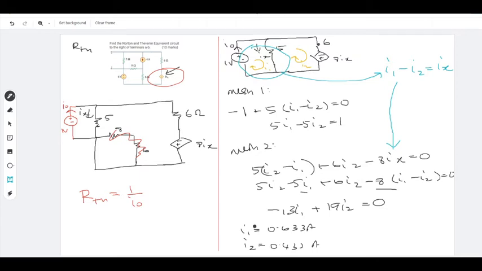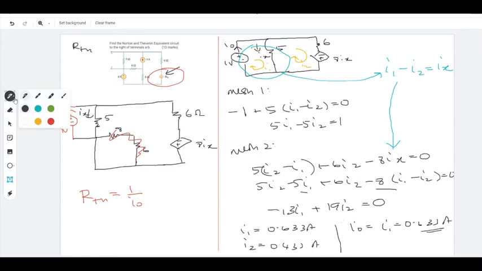Yeah, definitely yes, you need to find I naught in order for you to find RTH. So what is your I naught? From here, you know that I naught equals I1 equals 0.633 ampere. Now can you find RTH? Definitely you can.